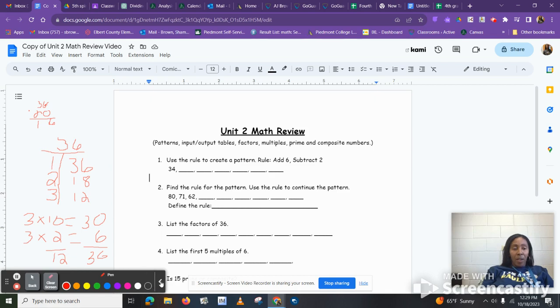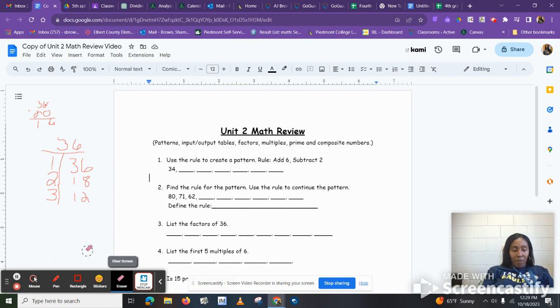Now I need to check 4 to see if 4 would be a factor for 36. Is there anything I could multiply by 4 to get 36? Well, if you know your multiplication facts, then you would know that you can multiply something by 4 to get 36. But if you don't know your multiplication facts, you can count by 4s, see if you get to 36, or you could think about something you know with your 4s, and I'm pretty sure everybody probably knows 4 times 5.